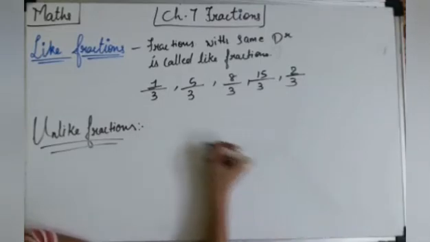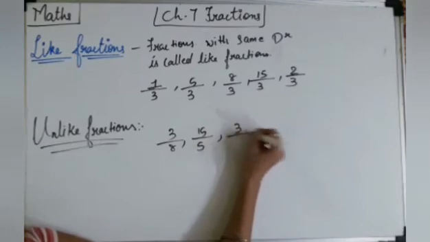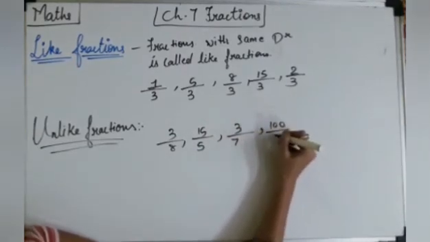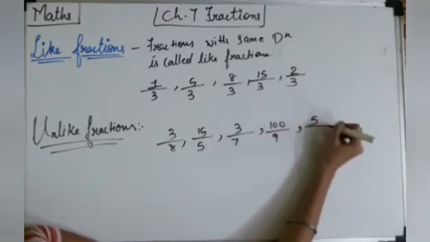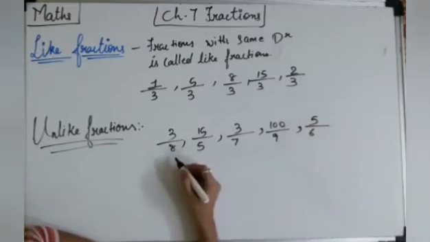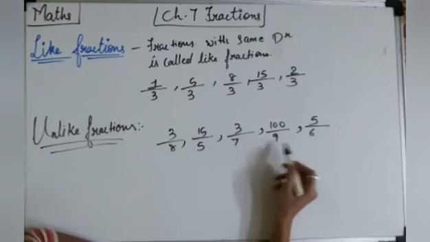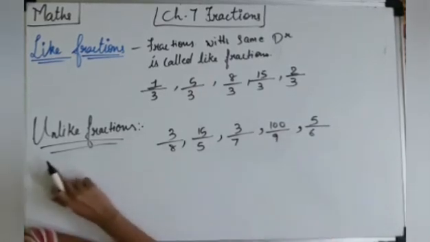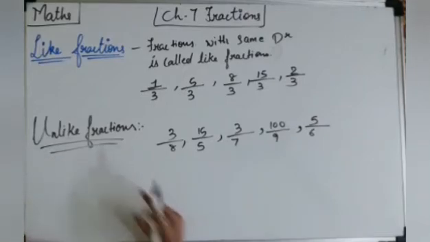So we can write 3 upon 8, 15 upon 5, 3 upon 7, 100 upon 9, 5 upon 6. As you can see, they do not have the same denominator, right? 8, 5, 7, 9, 6. The denominators are different, means they are examples of unlike fractions.